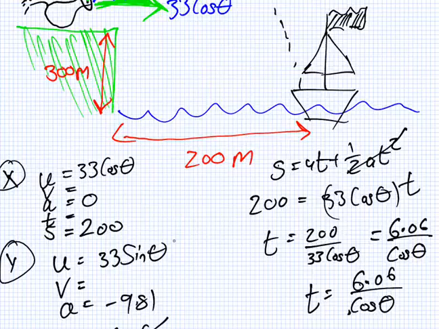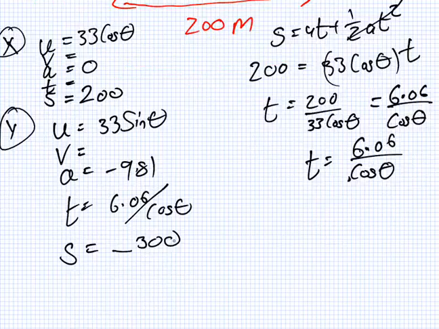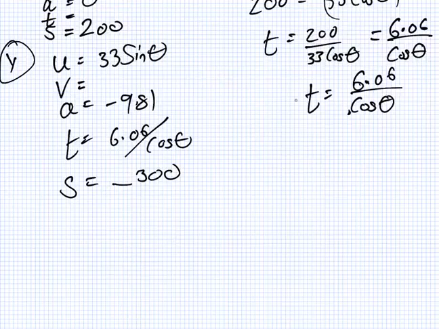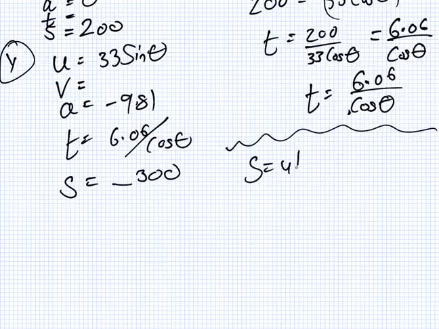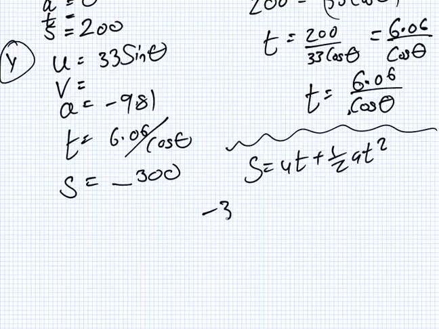Next one. A cannon fires a cannonball at a pirate ship. The cannon is at the top of a 300-meter cliff. It fires at an angle theta. Okay, so let me draw this so far. So this is 300 meters.